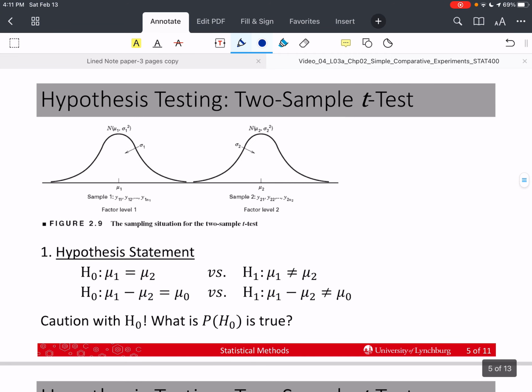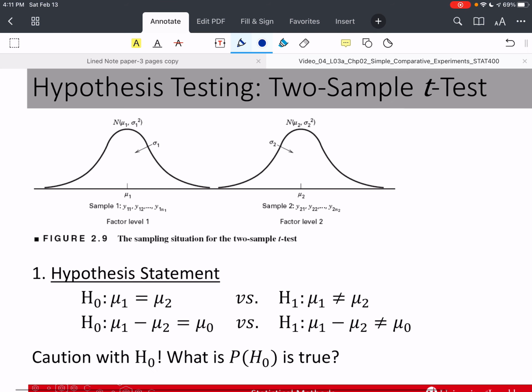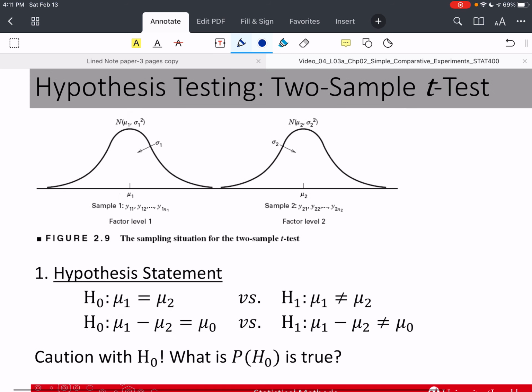So as we said, for the hypothesis test for the two-sample test, we could have distributions that look like this. The first distribution could have a mean over here, the second a mean over here, and our hypothesis statement is that the two are the same. In other words, these would be on top of each other, so to speak.